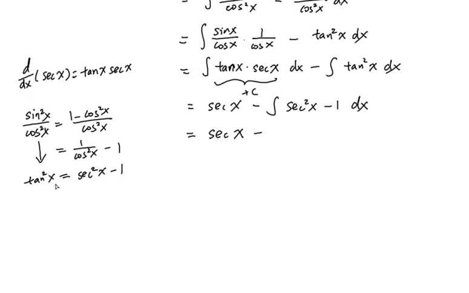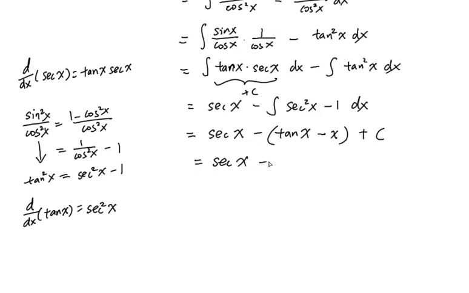It's something that you should remember again, that the derivative of tangent x is equal to secant squared x. So this is just tangent x, and then this one is just x. So plus c. This c is different from the earlier c, but that doesn't really matter here. So there you go. That's the answer.